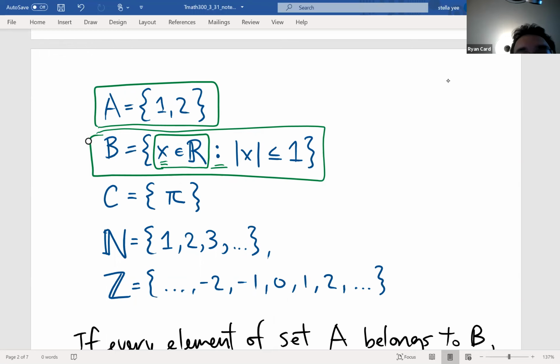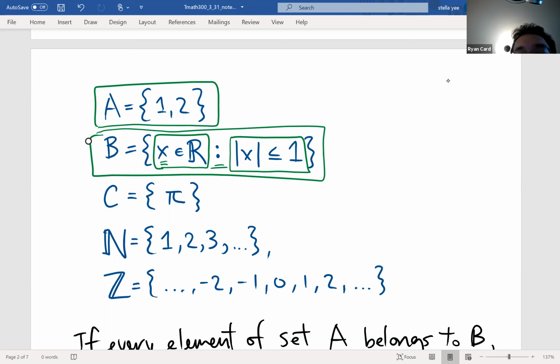And the right-hand side of the colon tells you what condition you have to meet to belong to the set. So if the absolute value of X is less than or equal to 1, or if X is between -1 and +1, then you're within the set B.